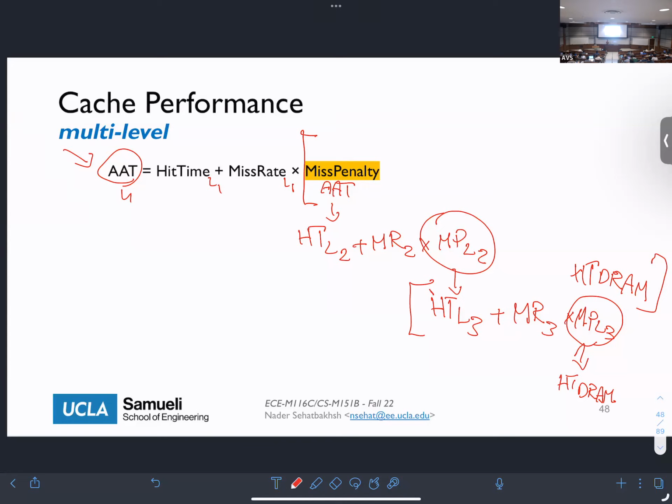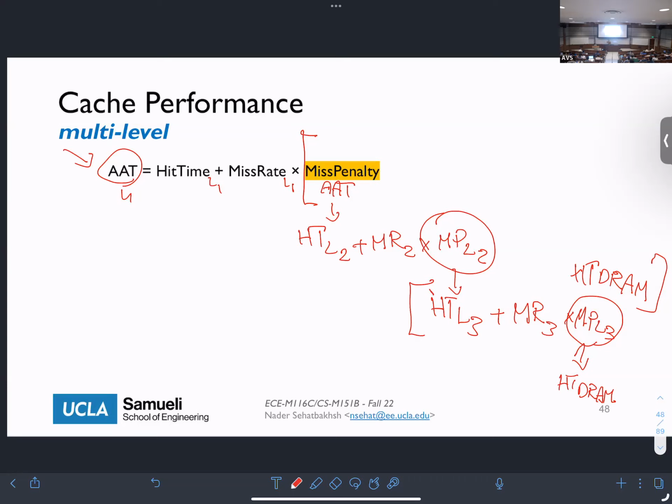The question is, when we have a miss, we go to a lower level and bring in the data. Do we read it from the cache again, or do we read it directly from there? In both cases, you incur that hit time, because the hit time is basically the time it takes for searching. You don't know whether your data is there or not, so you have to go to your L1 first and search.